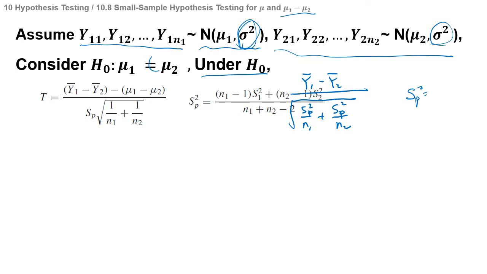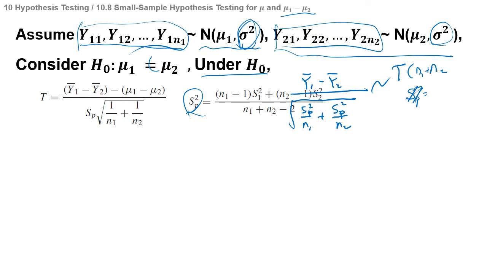The pooled standard deviation is obtained by putting all these samples together and estimating the standard deviation. Previously this statistic followed a normal distribution; however, if we do not have enough samples, it follows a t distribution with degrees of freedom n1 plus n2 minus 2.